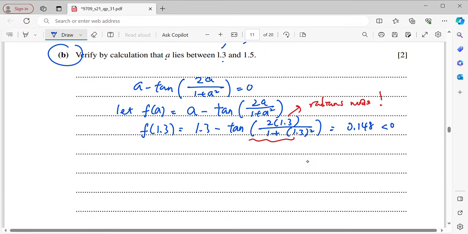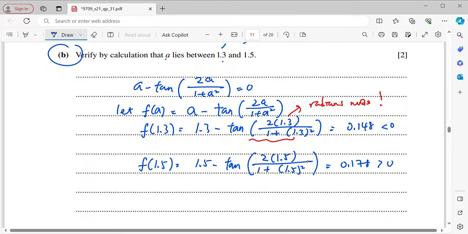And now we need to calculate for f(1.5). Then this is going to be 0.178, which is greater than 0.